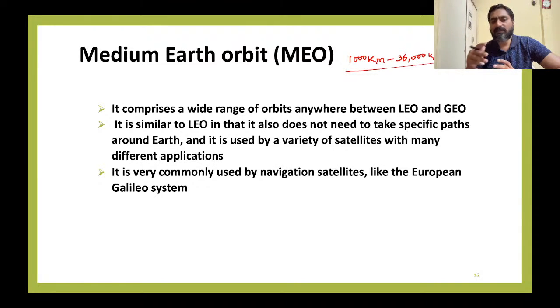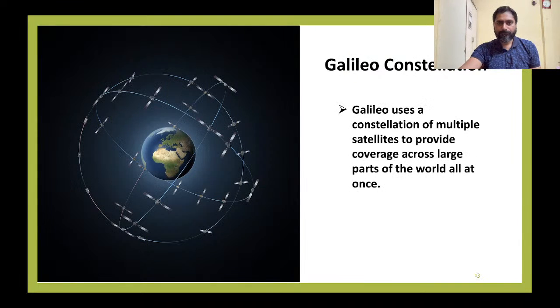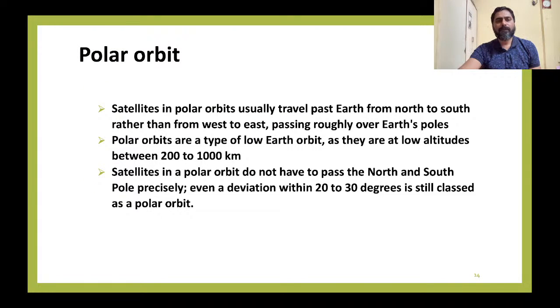The best example is the European Galileo. Every satellite of it is in medium earth orbit only. In GPS also, most of the satellites are in MEO only. Galileo is the navigation system of Europe, and its satellites are in MEO.